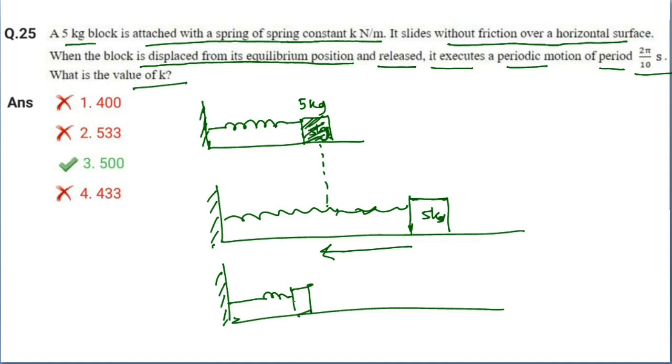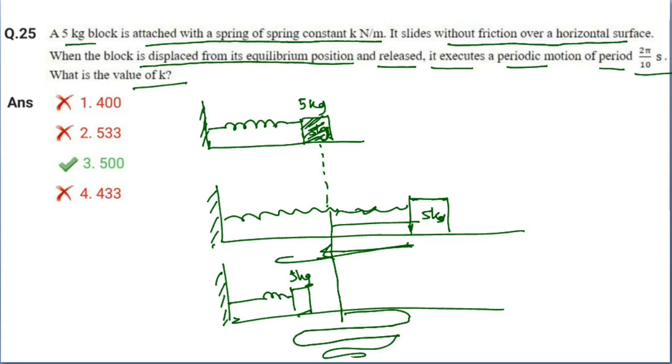This is the 5 kg box and this is the equilibrium position. So when it is stressed, it goes like this, and when released it comes like this. The motion going like this and coming, then again going, coming, all this is the example of periodic motion. So it is executing a periodic motion.